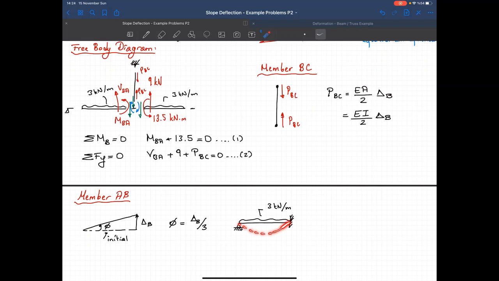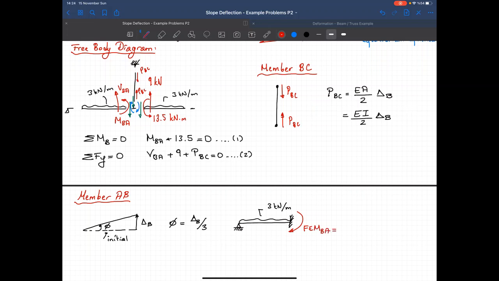That's the rotation that we will see if this end is free to rotate. But the support will make this rotation equal to 0. So what should be the direction of the moment that the support exerts on this member? It should be in this way. It should press from the bottom to make this equal to 0. So that's the direction of our moment. That's fixed end moment BA.